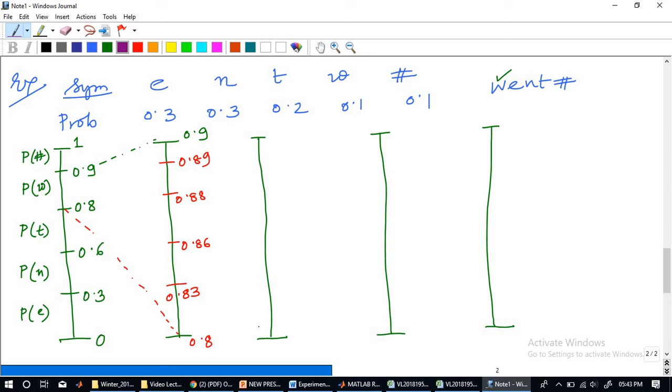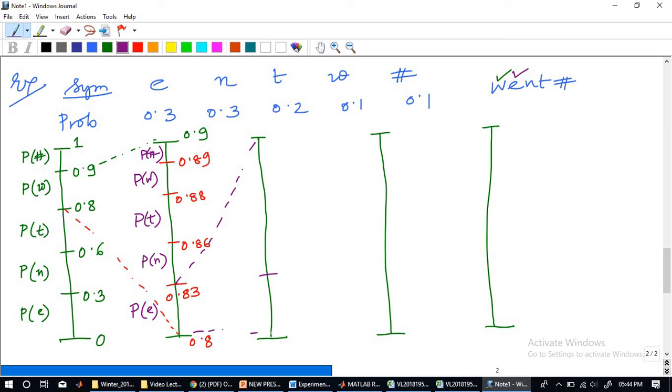Is there anyone ready with the second one? So I'll write this as P of E, P of N, P of T, P of W, P of hash. Next is E. Can you give me the values? So E is here. Tell me the lower and the upper values.